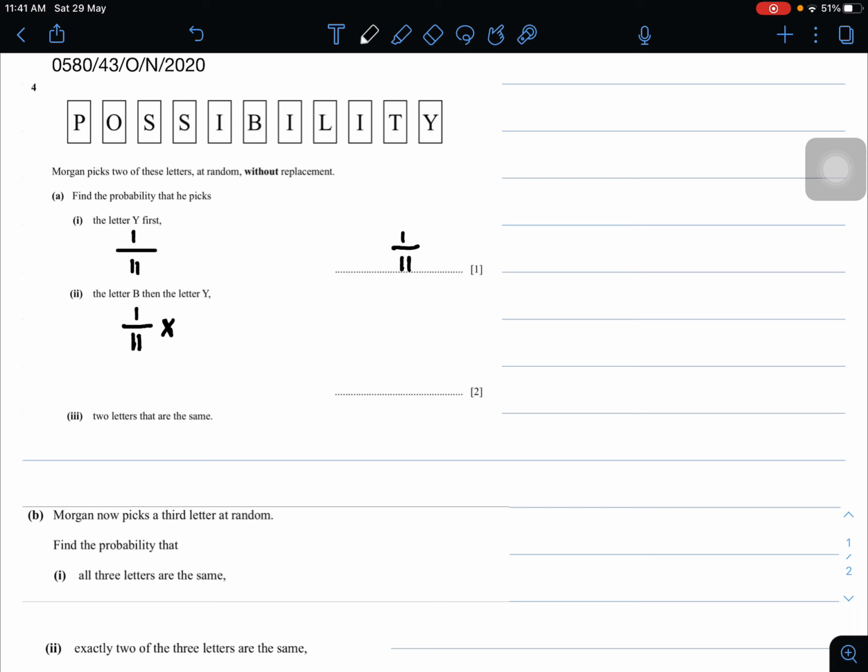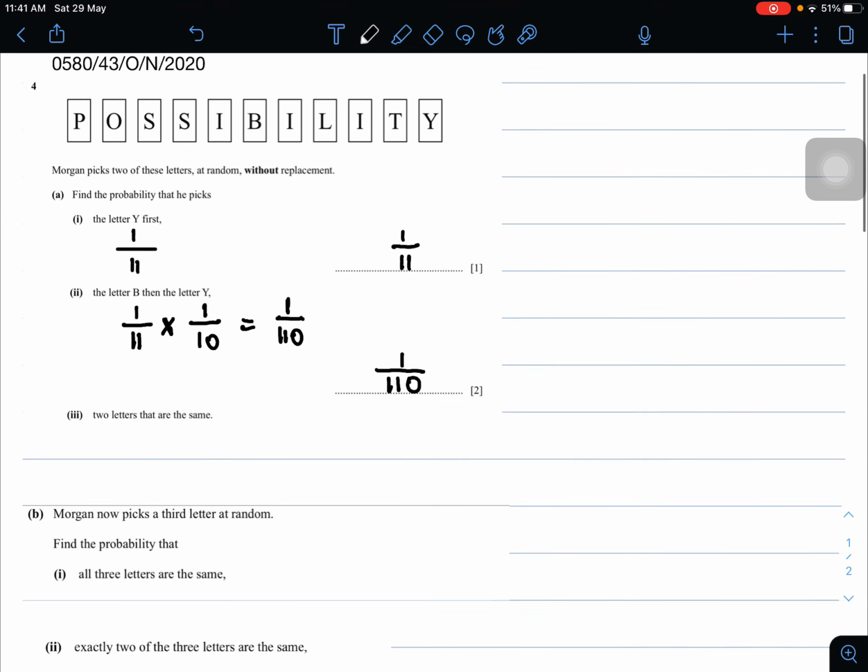Therefore, the new probability of Y would be 1 divided by 10. So you can either work this out mentally or input this calculation into your calculator. You will therefore get the final answer as 1 divided by 110. So this will be your final answer for part A2.